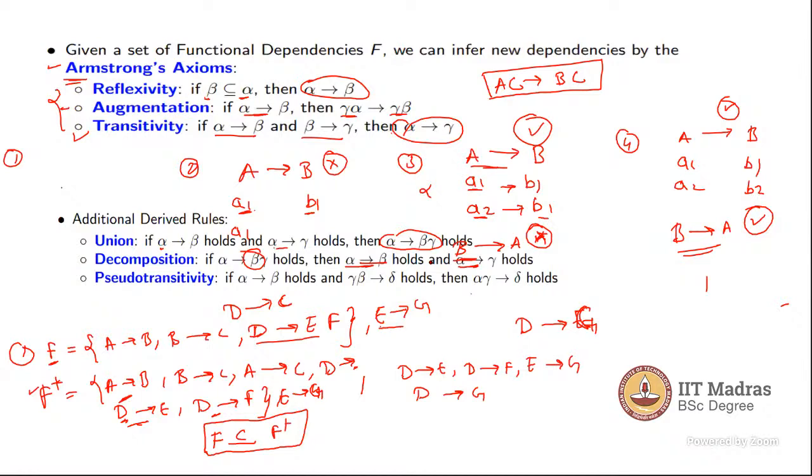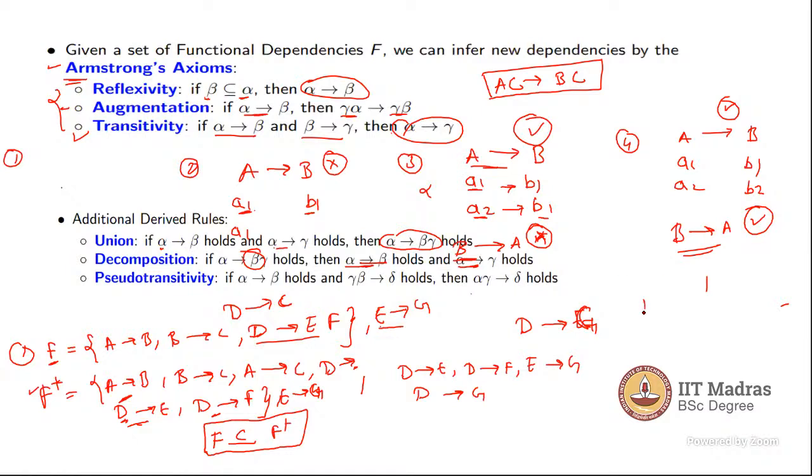Okay, that depends on how beta and gamma are related. Beta may functionally determine gamma zeta, or it could be simply that beta determines gamma. In that case, one of these can be removed. So it depends on what kind of functional dependency actually holds between beta and gamma. Suppose beta determines gamma.